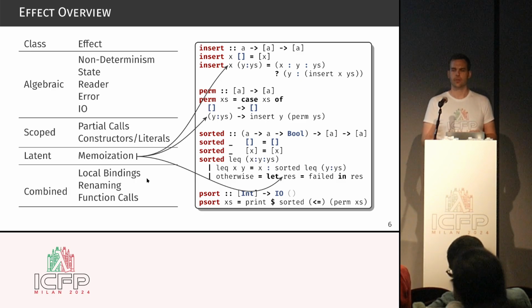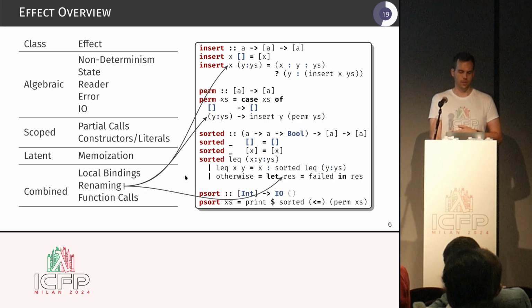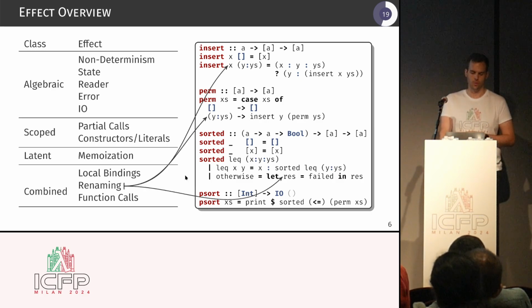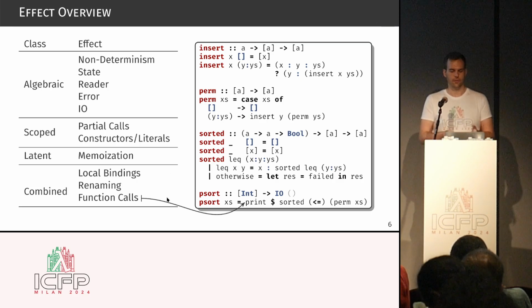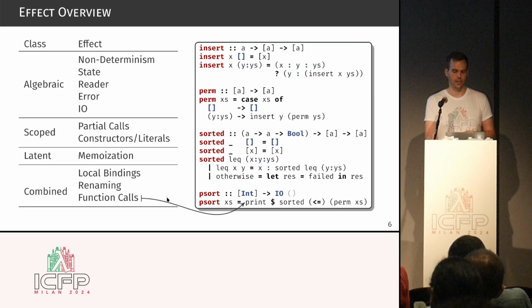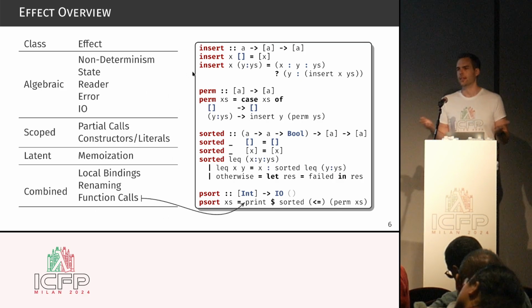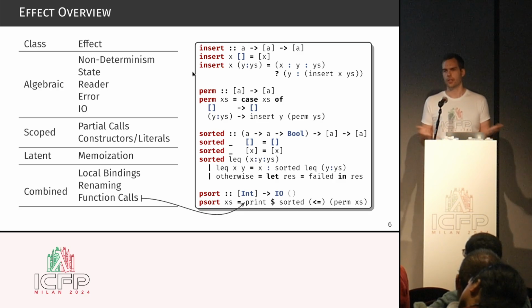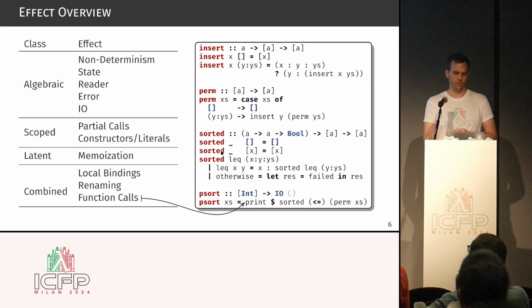Combined effects aren't really a class by itself, but rather just the combination of other existing effects. And I think local bindings are used for variables. Renaming is also used for variables. And function calls is sort of a combination of all the other effects. So I didn't bother to add arrows to everything here, because in a functional language, obviously a function can do almost anything. So yeah, that's the overview.